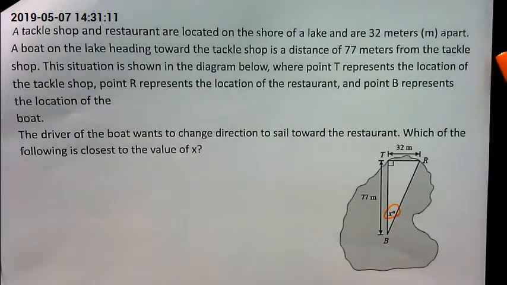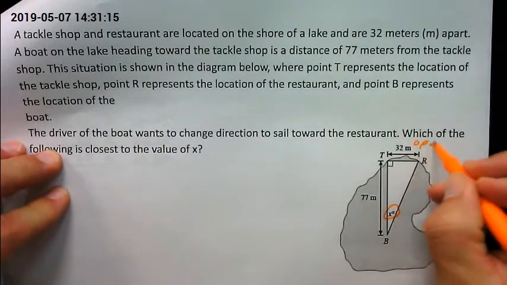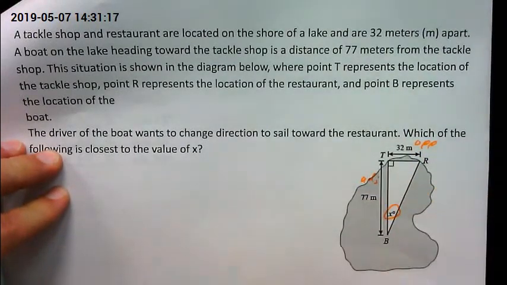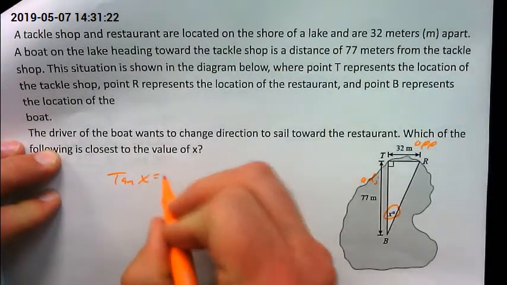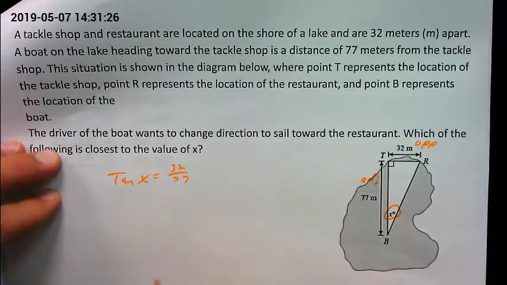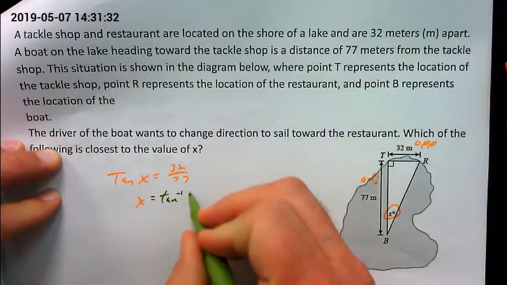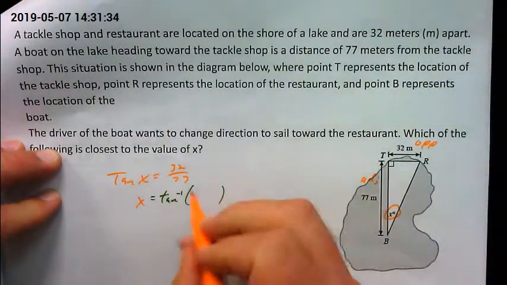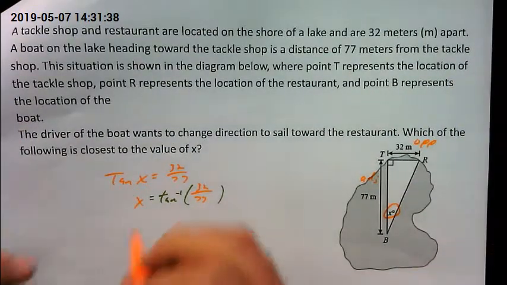All right. So again, just like the last question, we got opposite, we got adjacent. This time we're using tangent. So tangent of x equals 32 over 77. We gotta get rid of tangent, so we're doing the inverse tangent of 32 over 77.